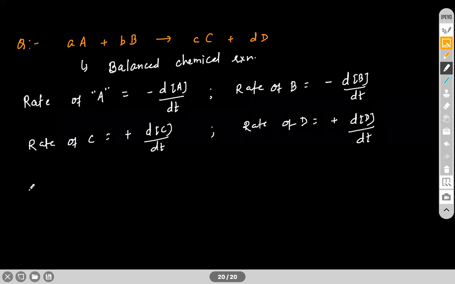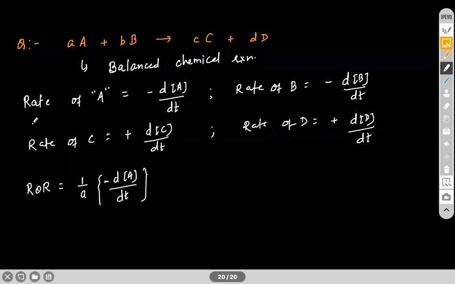Okay, what is the rate of reaction? ROR is equal to, if I write in terms of A, 1 by a times minus dA by dt. Yes or no? Quickly.